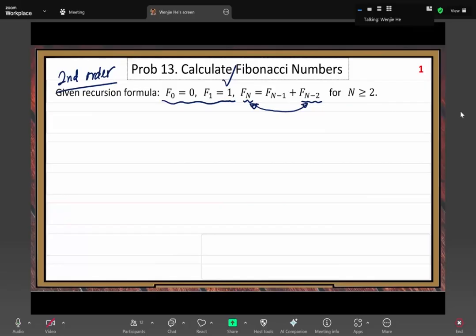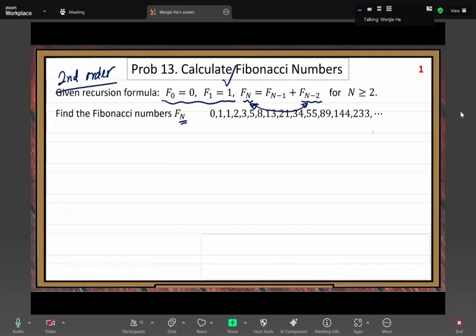And in this way, you can calculate the famous Fibonacci numbers. The task is to find the Fibonacci numbers. Given the input value, the subscript, your function needs to calculate the capital F, the Fibonacci number.